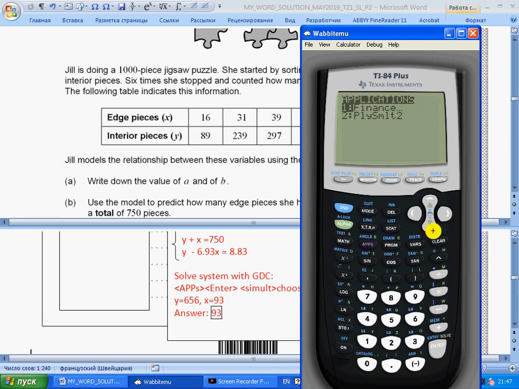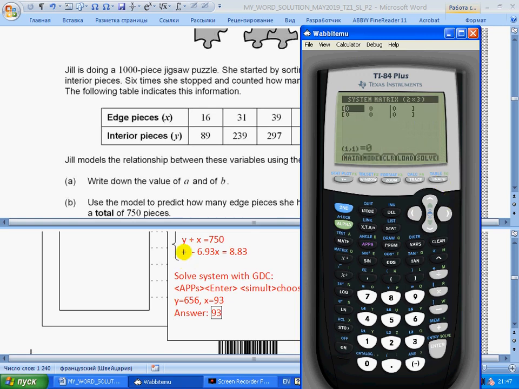We go to polynomial simultaneous, simultaneous equations is second, so we choose second. Number of equations 2, number of unknowns 2, and we go to next.